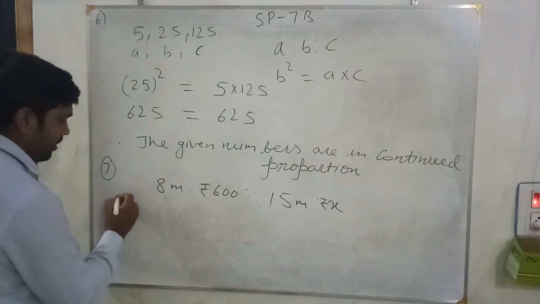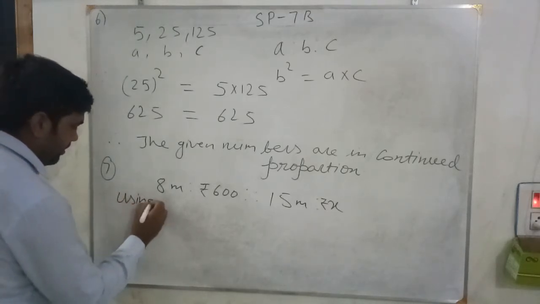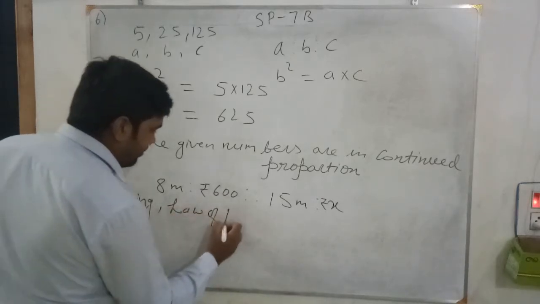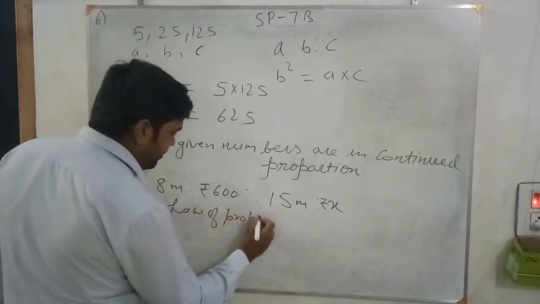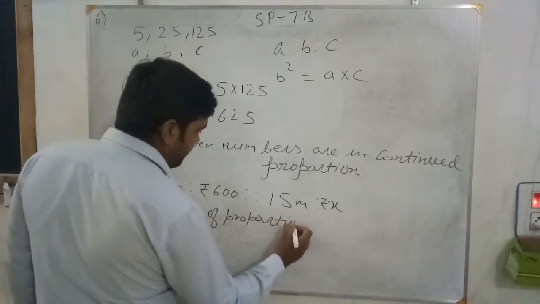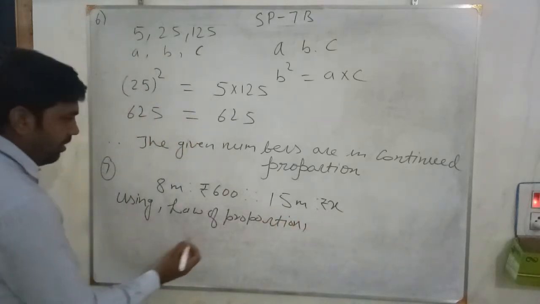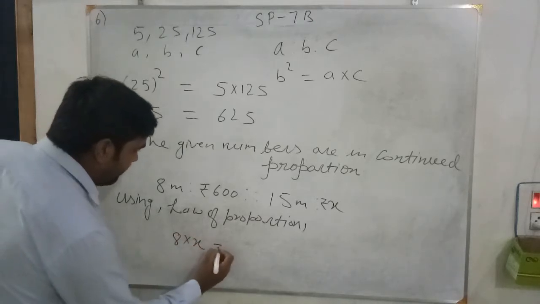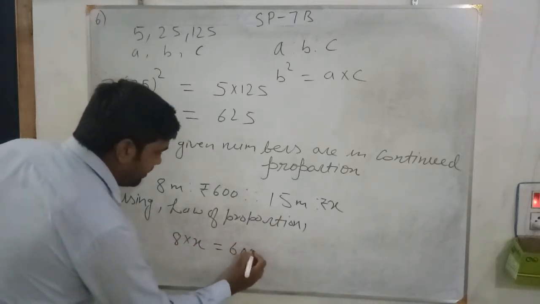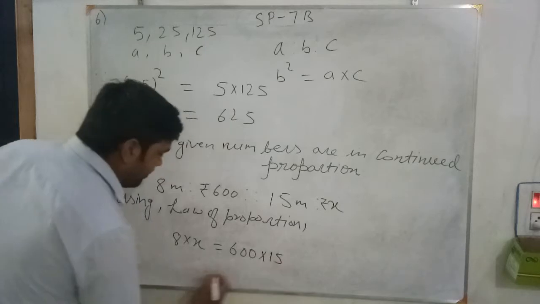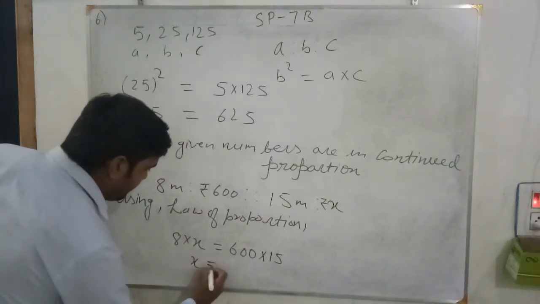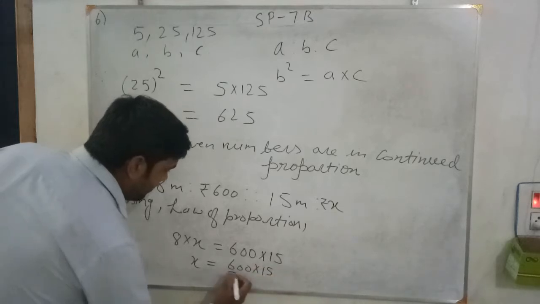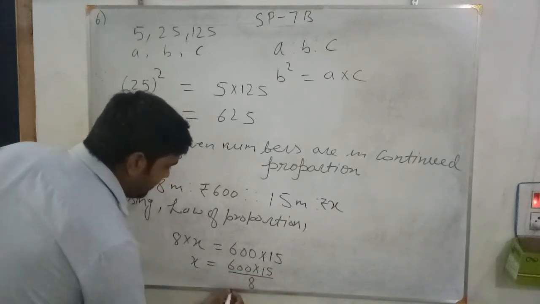So 8 into x equals to 600 into 15. Now x is equals to 600 into 15 divided by 8.